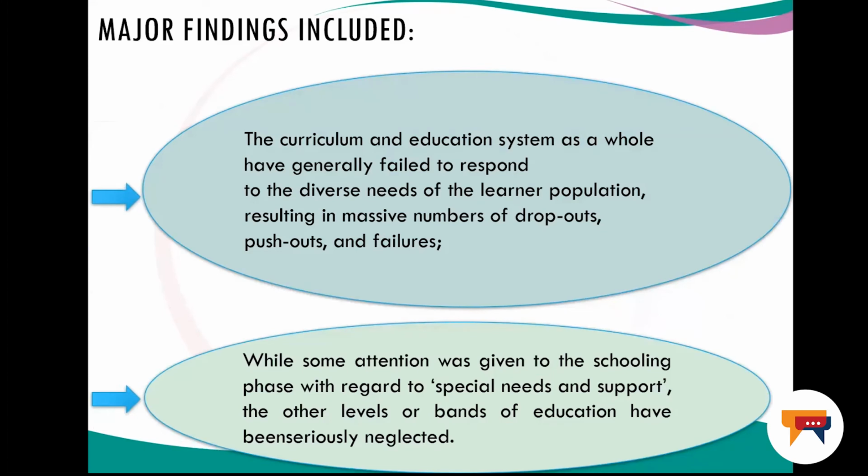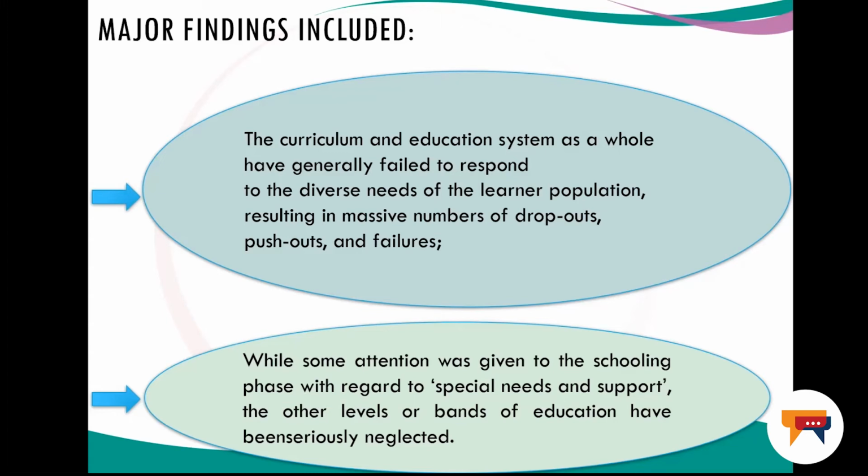In terms of accessibility to curriculum, they found that the curriculum and education system as a whole have generally failed to respond to the diverse learning needs of the learner population, resulting in a massive number of dropouts, push outs, as well as failures.